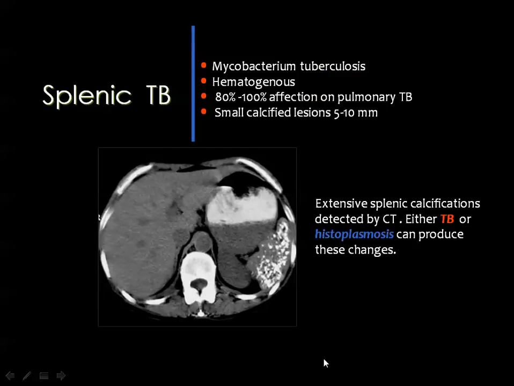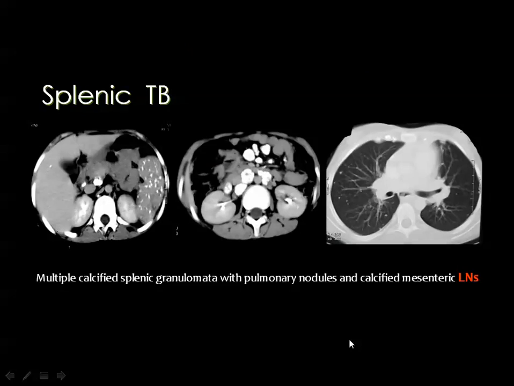Then to diagnose splenic tuberculosis, especially in the healed state, you will see that the spleen is affected by multiple calcific foci scattered throughout the splenic parenchyma, and this is diagnostic of TB of the spleen.